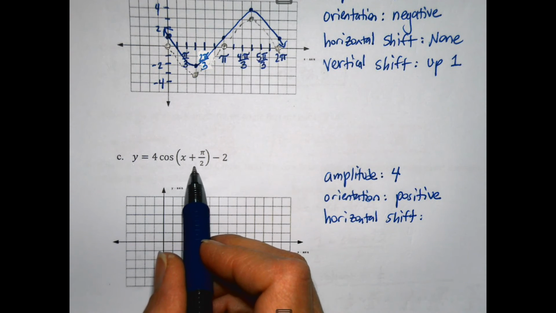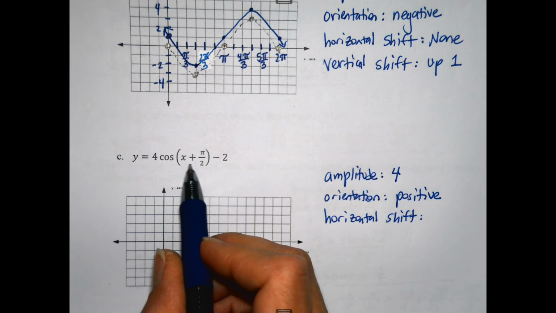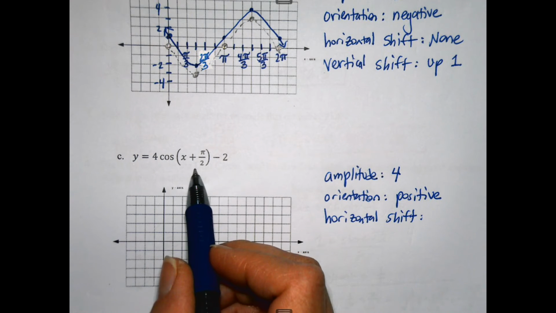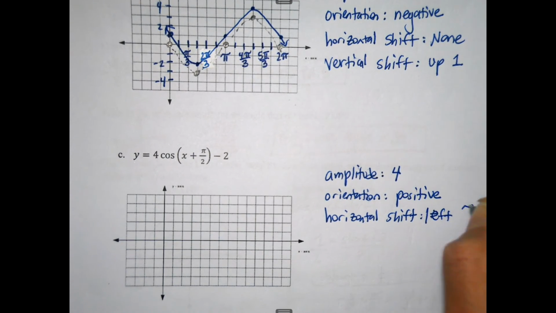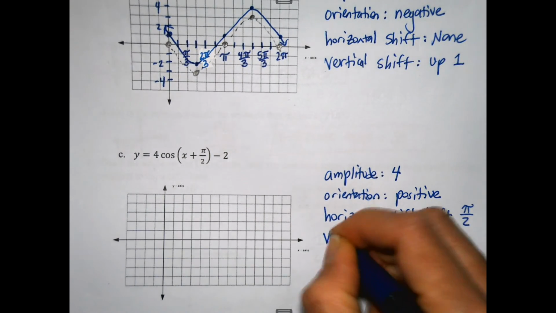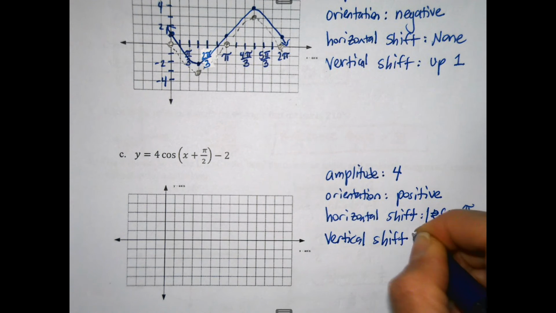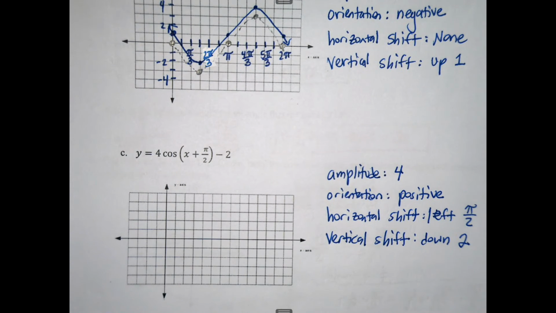It's going to the left by pi over 2, since this is negative pi over 2. Remember, this is saying x minus negative pi over 2, but they rewrite it with a positive. So we're going left by pi over 2. And our vertical shift, we are going to go down 2 units.